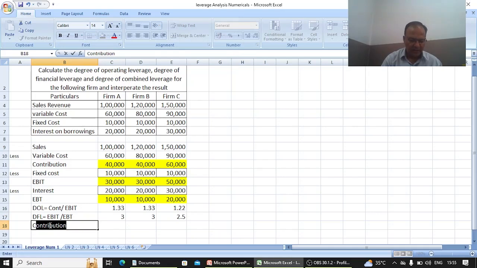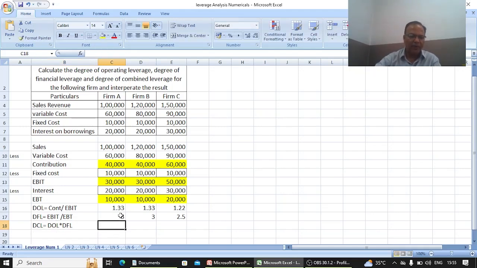Here degree of combined leverage is equal to degree of operating leverage into degree of financial leverage.